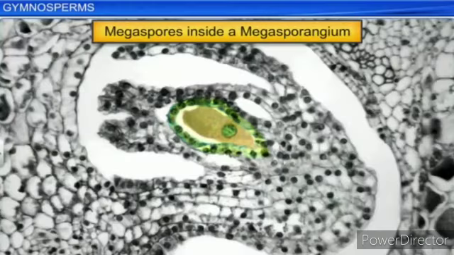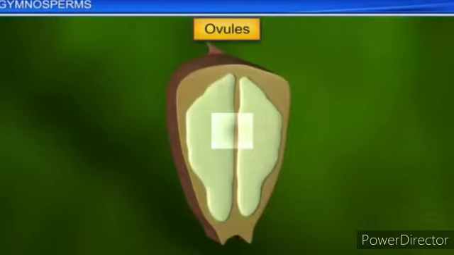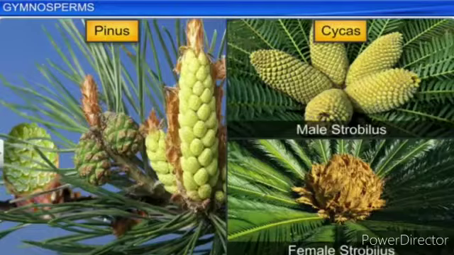The megaspore mother cell is differentiated from one of the cells of the nucellus. The nucellus is protected by envelopes and the composite structure is called an ovule. In Cycas, male and female plants are different. But in the Pinus tree, male and female structures are present in the same plant.